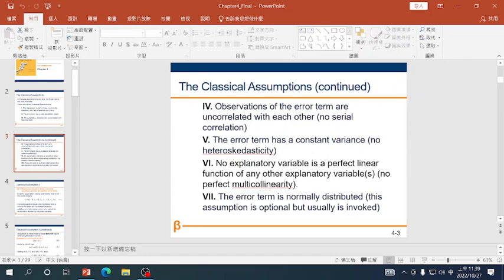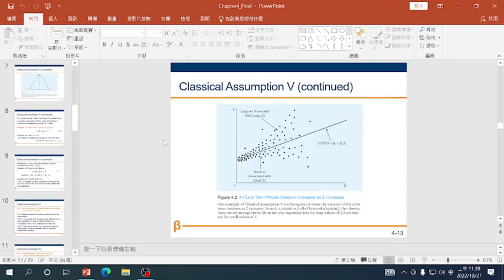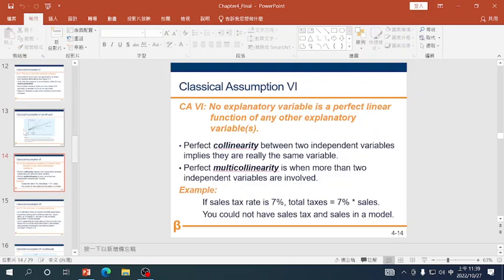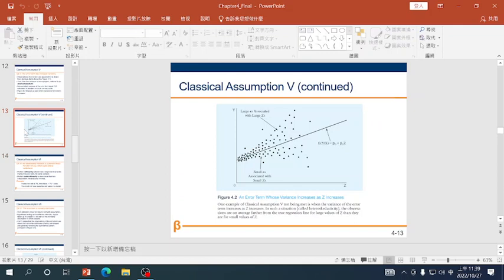Okay, if the X variable will affect the Y variable, there's a good chart. I think we can see from here. This is the chart. Did you see this chart? 4.2 in our textbook. This means that the Y variable is here, and this one is one of the X variables.